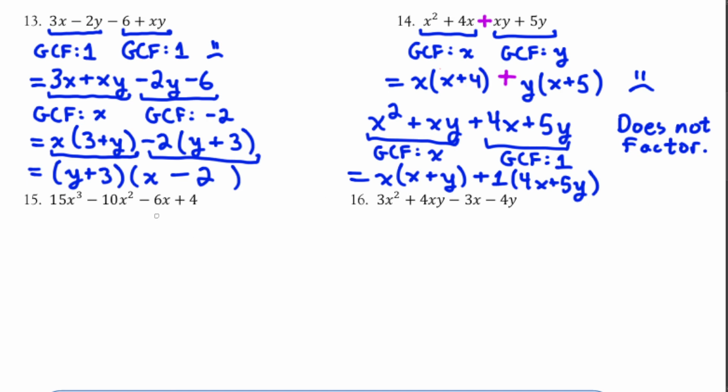Let's look at 15. 15 has 4 terms, so again, it might work. Grouping says, let's put the two pairs of terms together and see if we can do little greatest common factors. The first two terms both have multiples of 5, and they both have at least x squared in them.